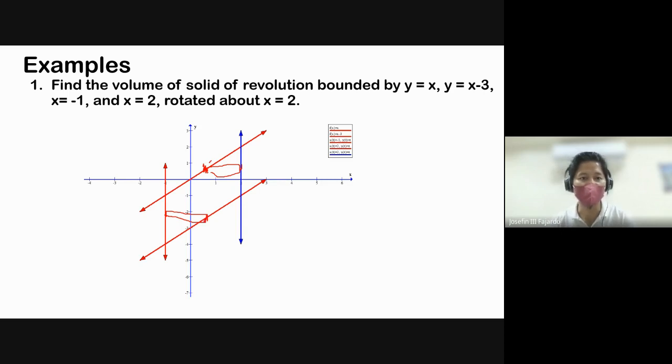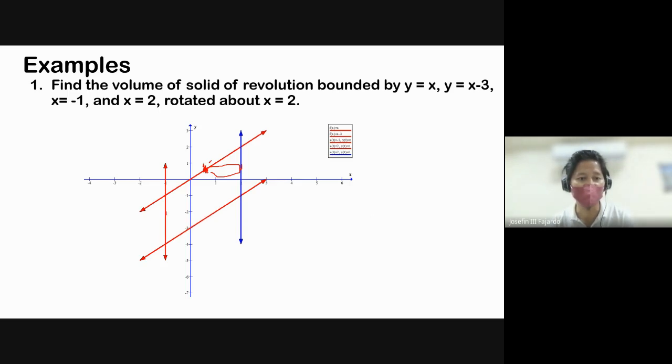Napag-usapan natin last time na kapag gumagamit tayo ng element of area, dapat as much as possible, consistent yung ends ng ating rectangle. Tama ba yun? Naalala yun? Hello?